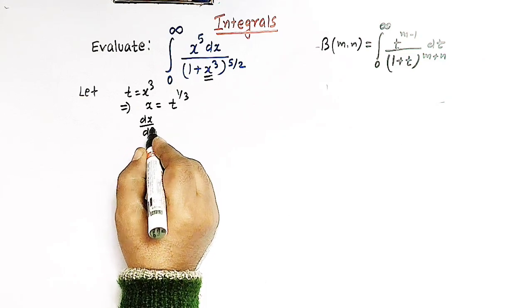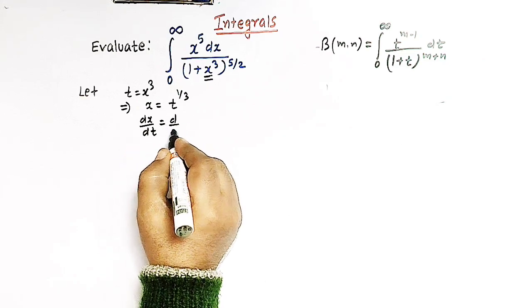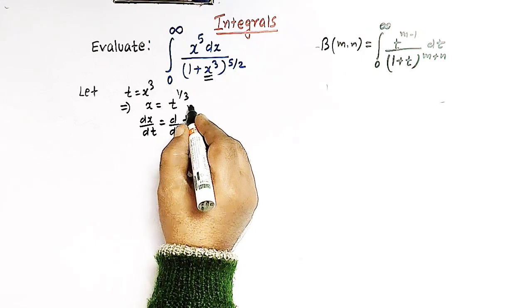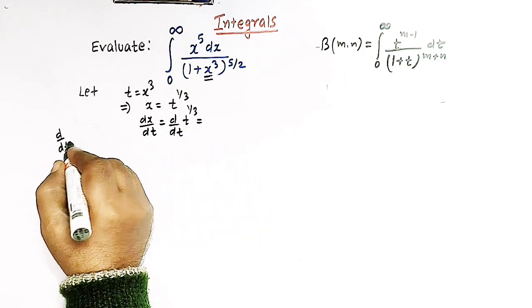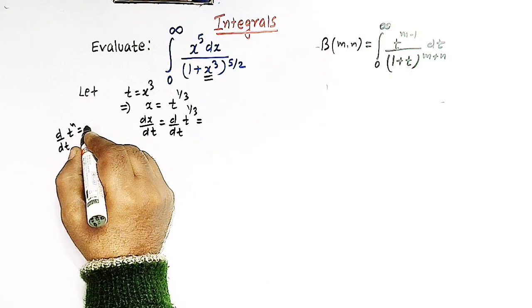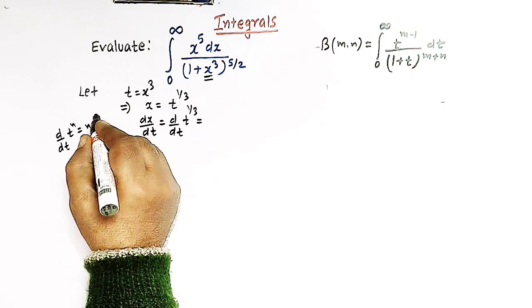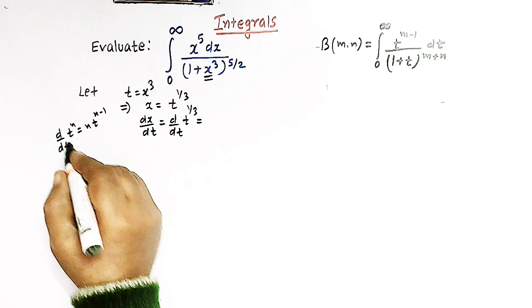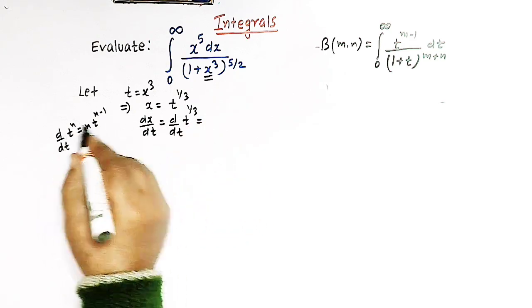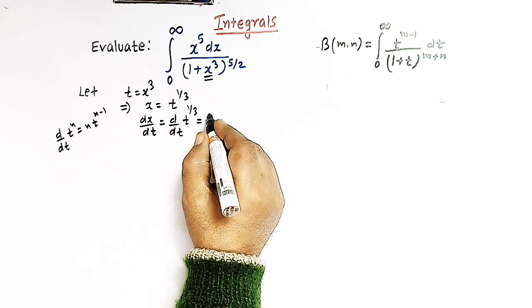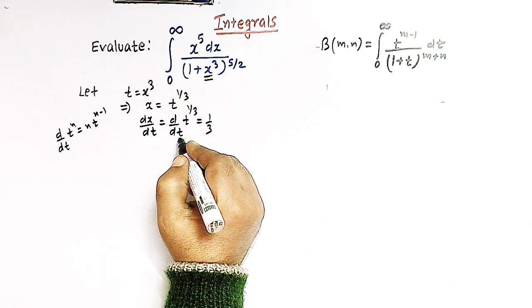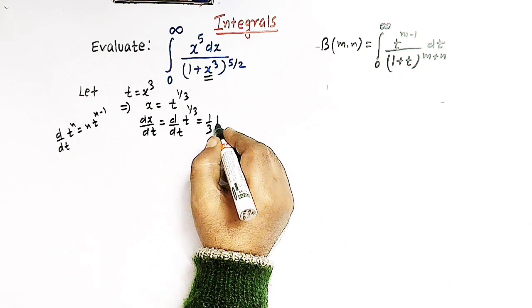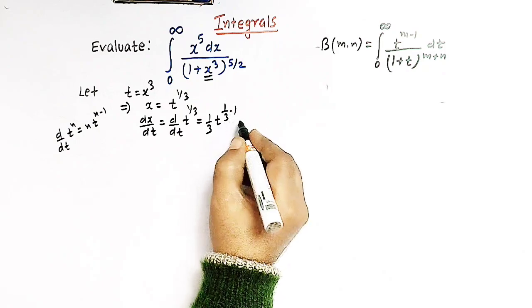So we have dx over dt is d by dt of t raised to 1 over 3, and making use of the power rule, we have n t raised to n minus 1. Here the value of n is 1 over 3, so we have the derivative of t raised to 1 over 3 with respect to t as 1 over 3 t raised to 1 over 3 minus 1.